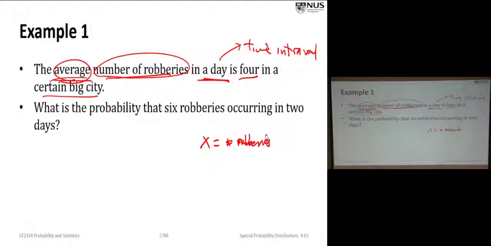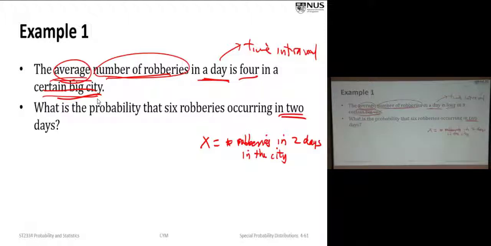But this is not good enough. You have to specify the number of occurrences, the number of robberies, in a certain interval. In this case, we are interested in 2 days, in that particular city that we are talking about.